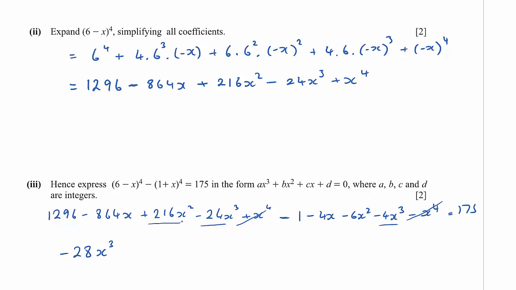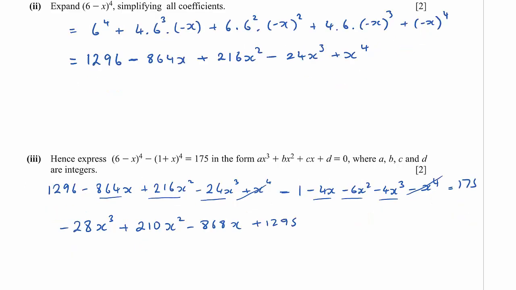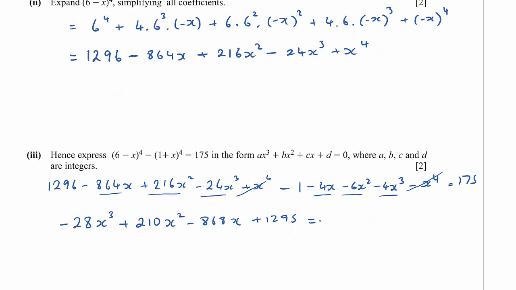I've got 216 take away 6, so that's plus 210x squared. If we look at the x's, we're going to have take away 868x, and then we've got plus 1295. And that's equal to 175.